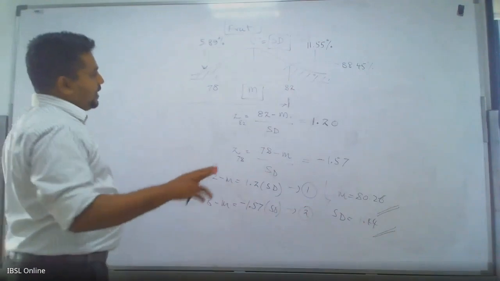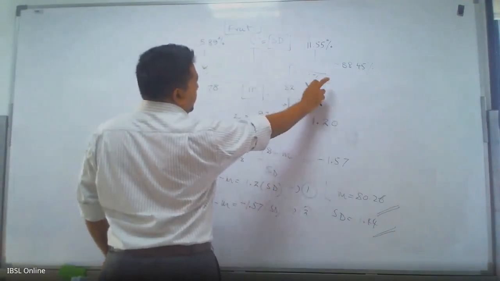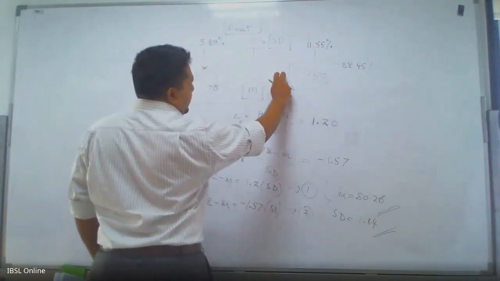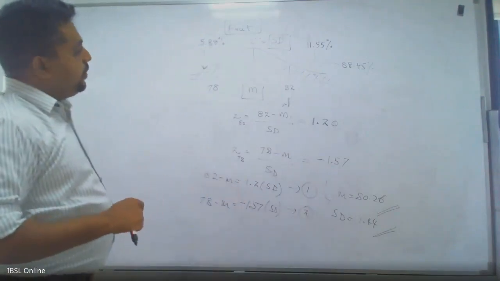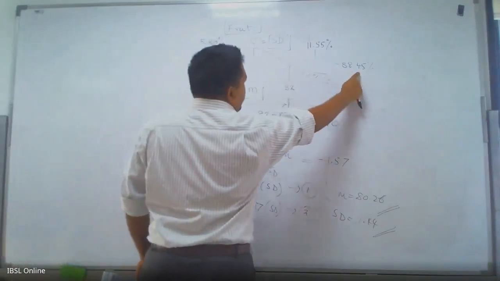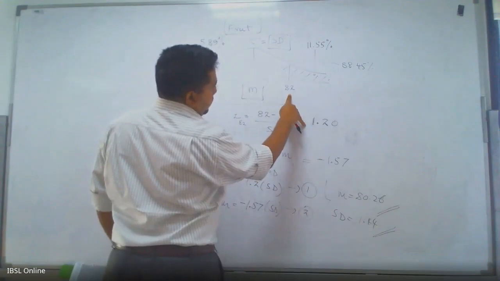But don't get carried away. For this particular instance, you have to first assume that, okay, 11.55 seems to be the higher side. That means you will take the area for 88.45% to be your Z value. For that particular area of 88.45, you will be left with a Z value of plus 1.20.